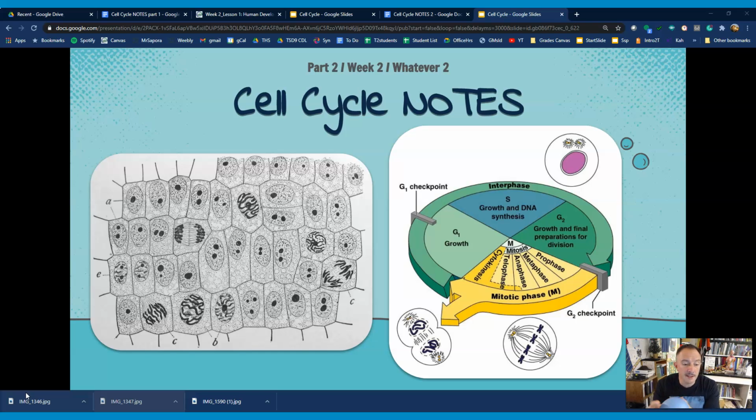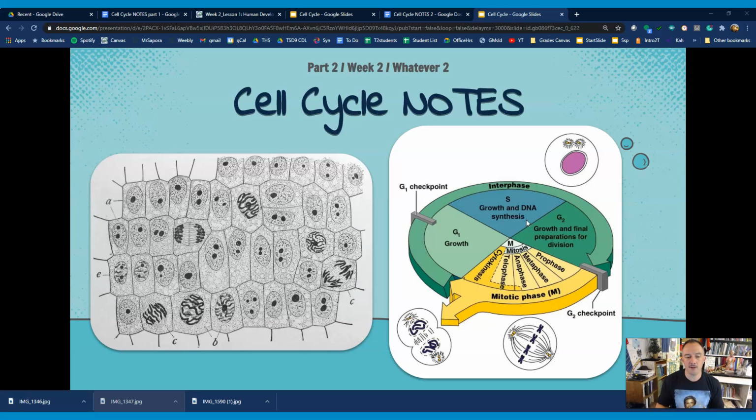In order to do that, all cells go through the first stage of their life called interphase. It's where they spend most of their life. The first stage of that is what we call the G1 stage. That is where they grow. The next stage is where, right before they reproduce, they duplicate their DNA, synthesize more DNA, and make copies of it so that when they divide up, each new cell gets an exact copy of the original set of DNA.